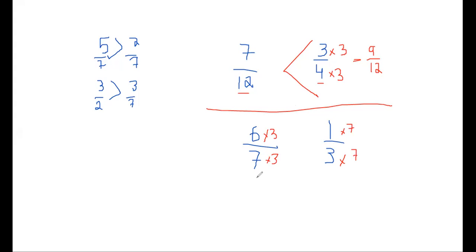It becomes 18 over 21. And the second fraction? 7 over 21. So now I got the same denominator. So what should I do? Compare them directly. So it's 18 over 21 that is bigger.